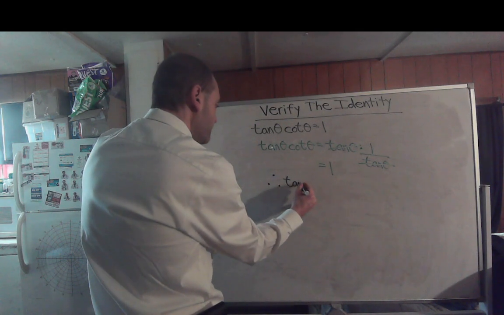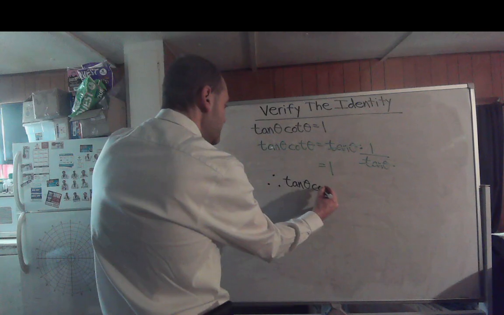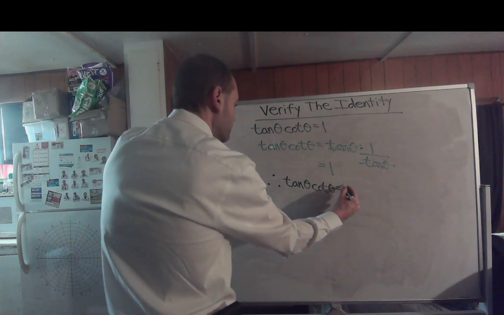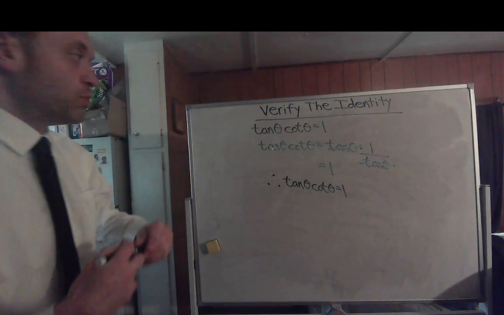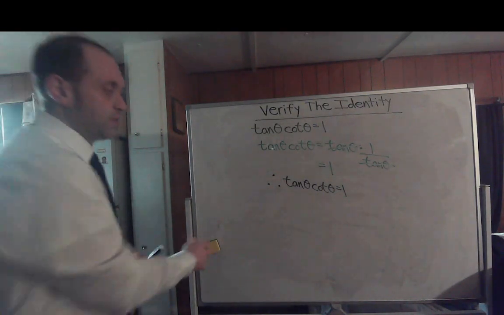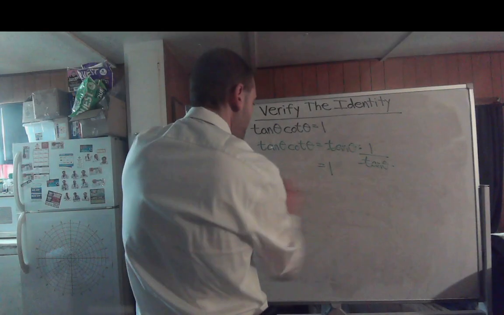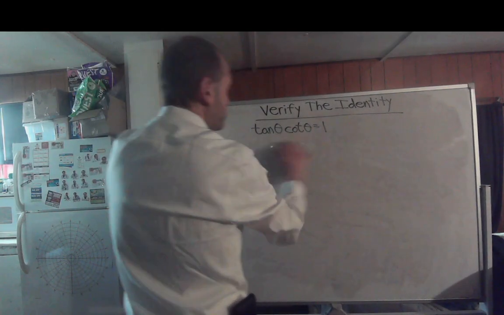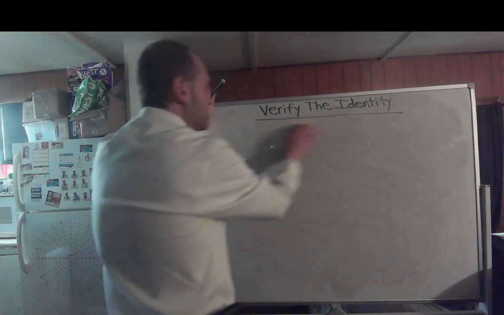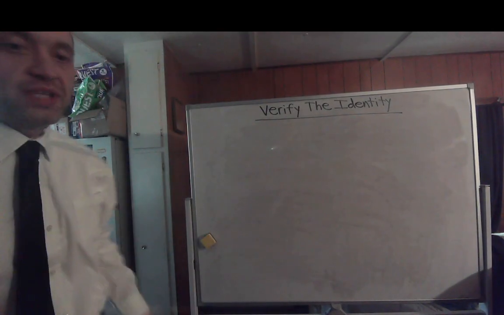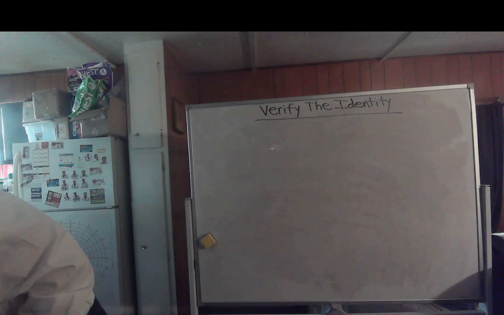The tangent of theta, cotangent of theta equals 1. We did that in about 2 steps, so that was actually pretty simple. You could have broke down tangent and cotangent into the ratio of sine and cosines, but that was pretty unnecessary.